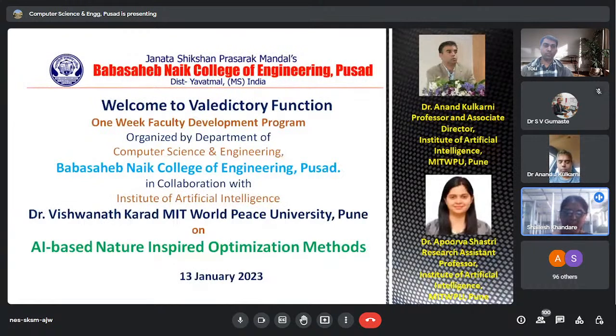So, many participants from different states like Punjab, Telangana, Delhi, Manipur, Tamil Nadu, Maharashtra, Mizoram, Rajasthan have benefited in this FDP. Among all these participants, many of you are resource persons, many of you are very senior, but we together enjoyed and learned all the sessions delivered by the eminent resource persons, respected Dr. Anand Kulkarni sir and Apurva Shastri ma'am.